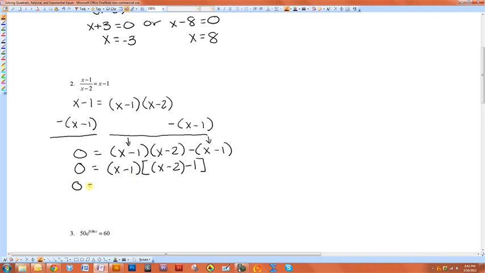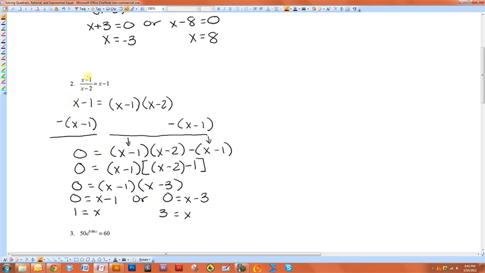So I have 0 is equal to x minus 1 times x minus 3. Okay, which means 0 equals x minus 1, or 0 equals x minus 3. Well, if I add 1 over here, I'll get 1 is equal to x, or 3 is equal to x.